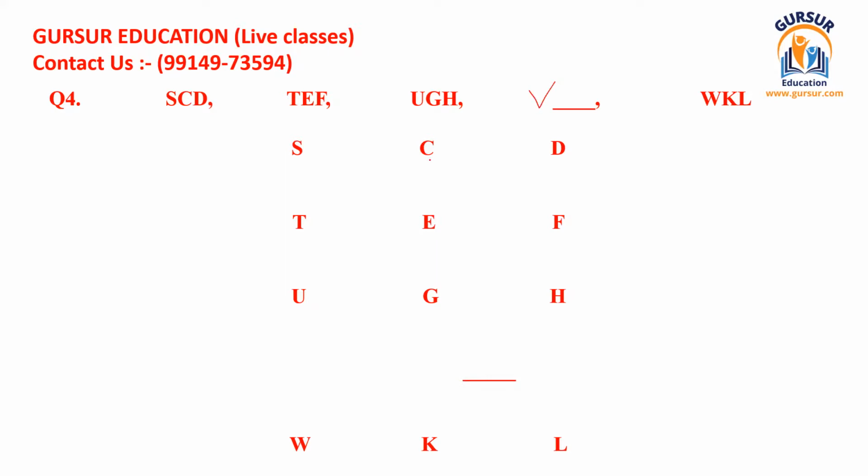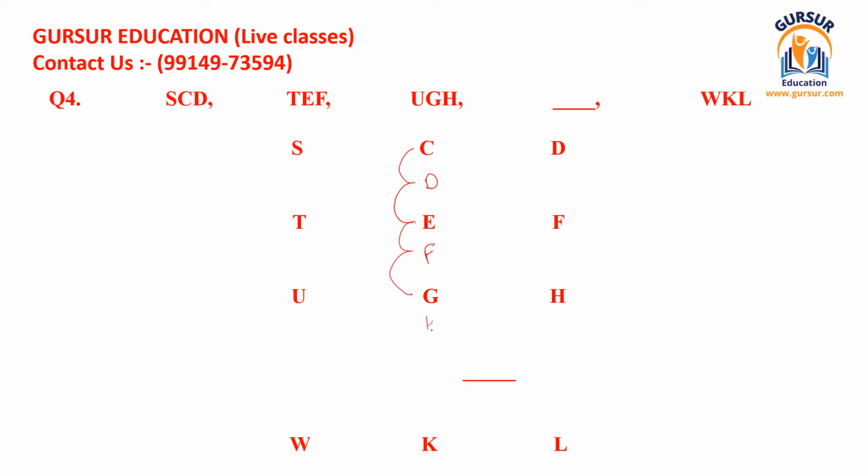So we shall see regarding the second one. Here C is given, after C E is given, after E G is given, then something blank, then K is given. You can see that there is an addition of one letter. After C, D comes, and after D, E comes. After E, F comes, and after F, G comes.